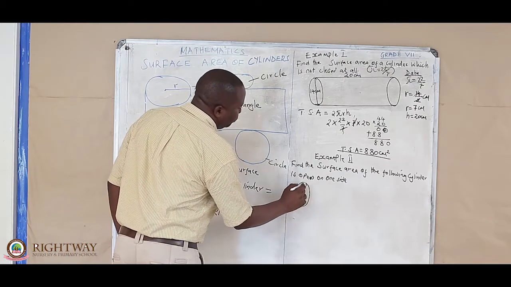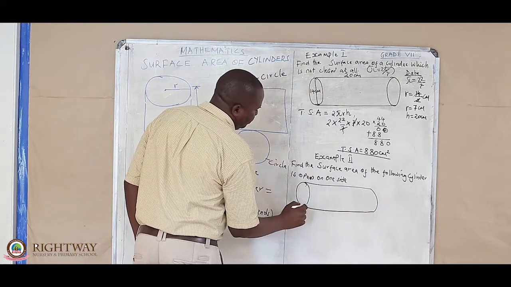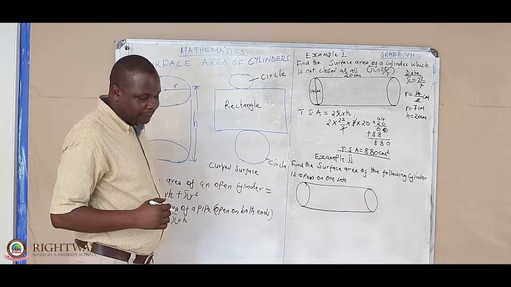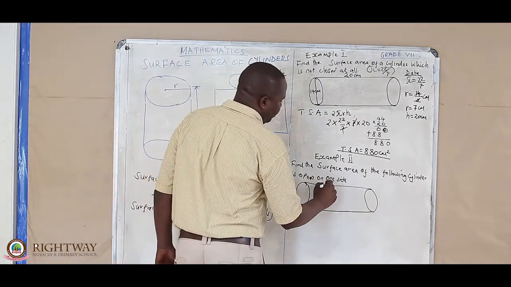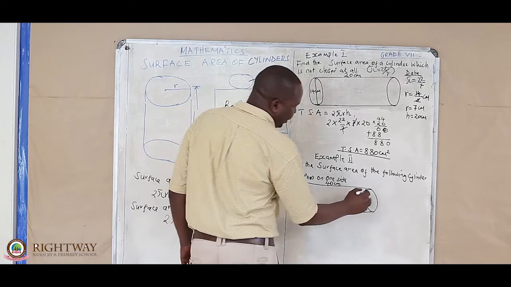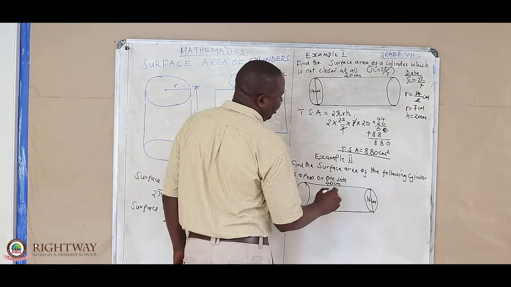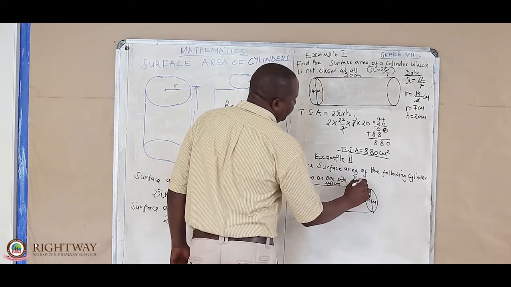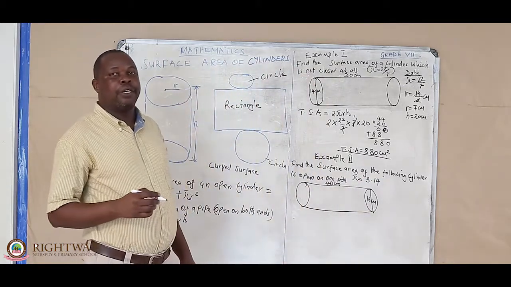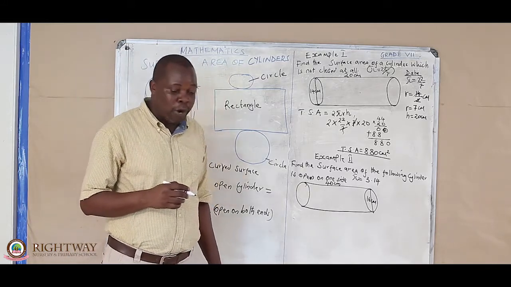The cylinder is this one. That is the cylinder, and here we have 40 centimeters. Here we have been told to use pi as 3.14.